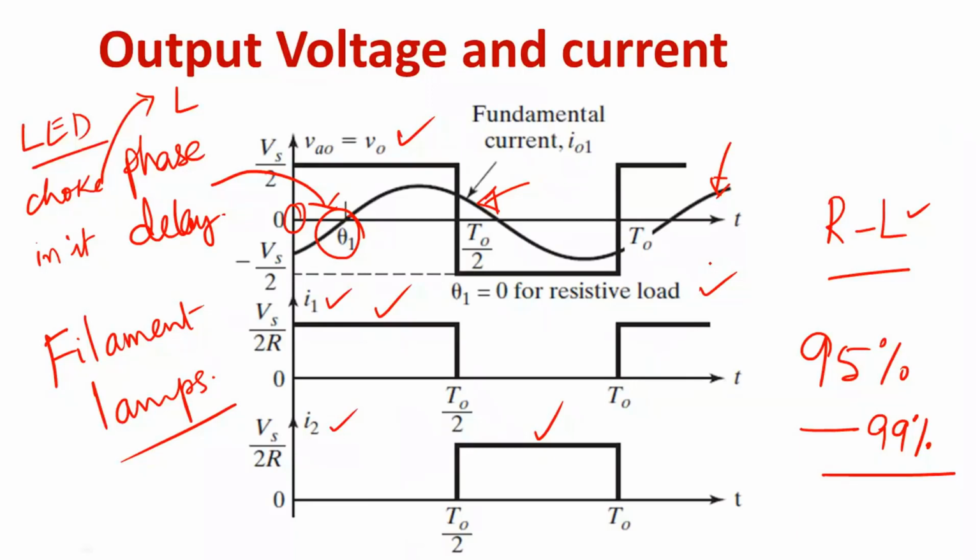If V0 is equal to Vs by 2, then the load current while S1 is on is Vs by 2R. When S2 is on, the load voltage will be negative, which makes the load current negative, so I0 is equal to minus Vs divided by 2R.